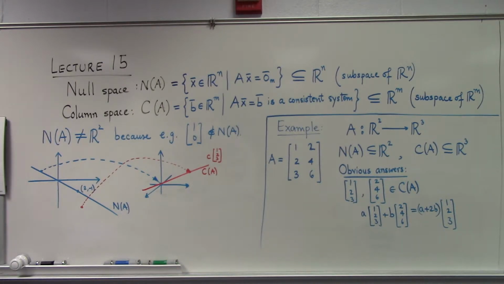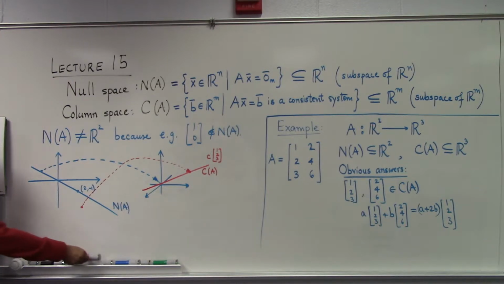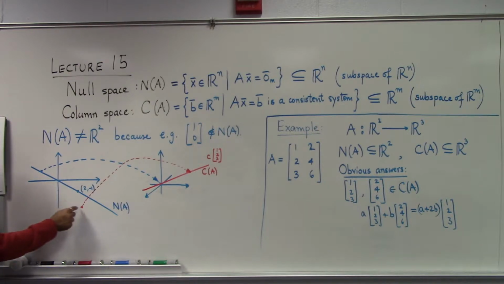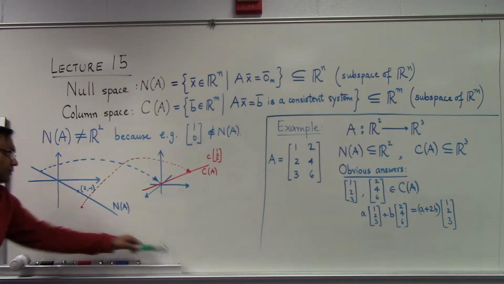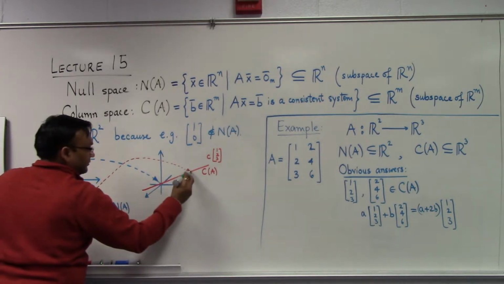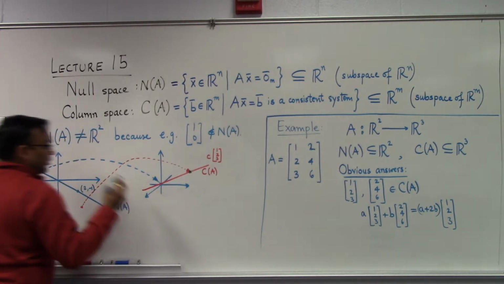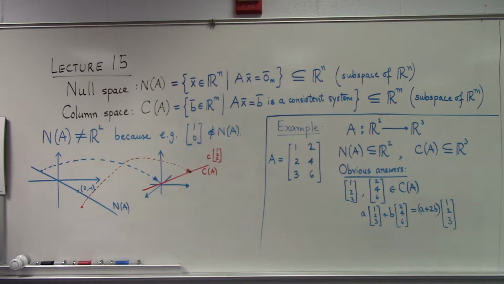Okay? So here's a question that one may ask. I said that this point maps to some point there in the column space. If I focus my attention on that point only, one may ask, what are the other things which could possibly map to that point?